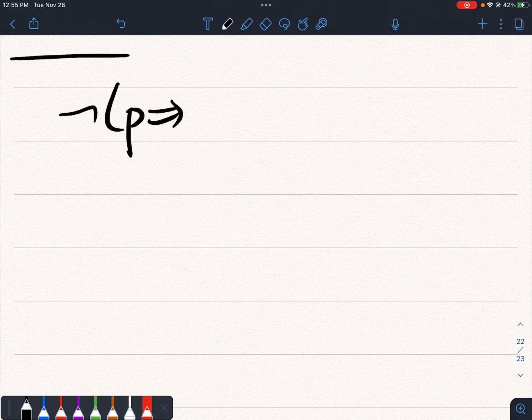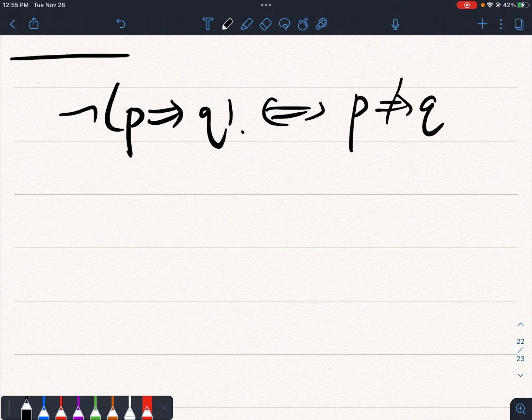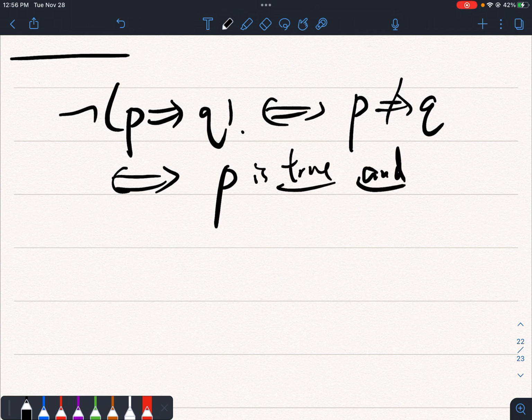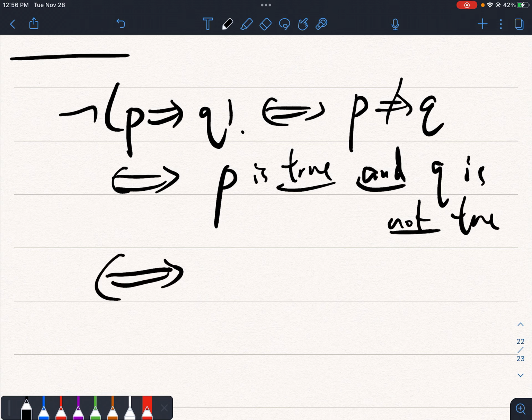That is when you take the not of P implies Q. I have mentioned that this is clearly equivalent to P does not imply Q. And I have defined that this is true if and only if P is true and Q is not true. So this is logically equivalent to P and not Q, right? P and not Q.